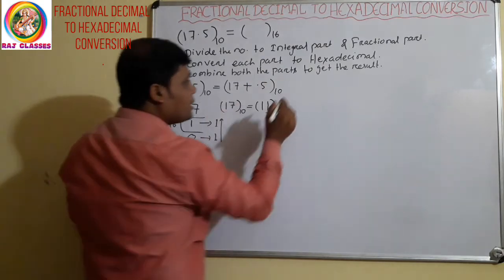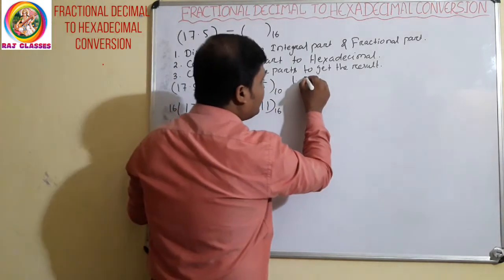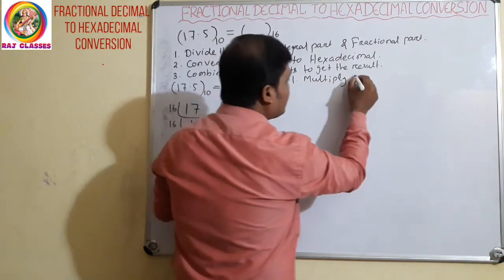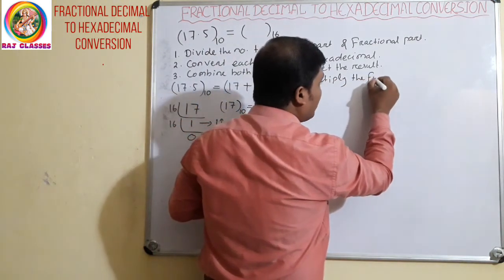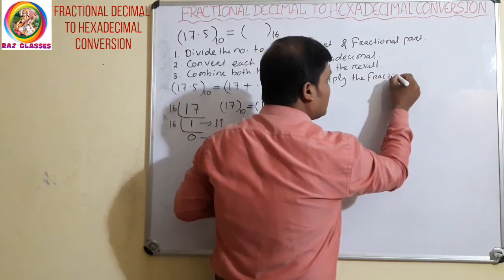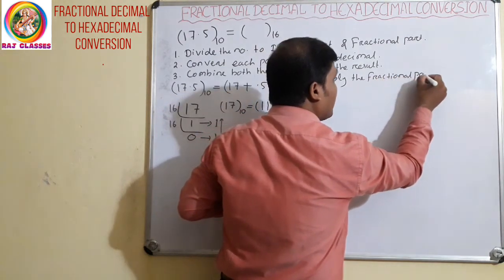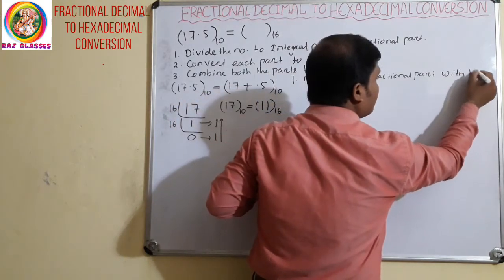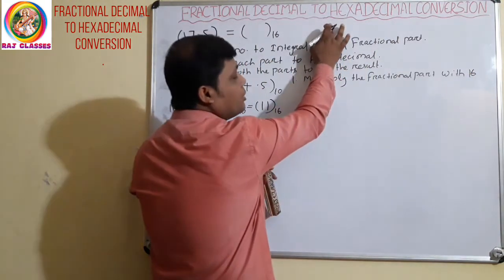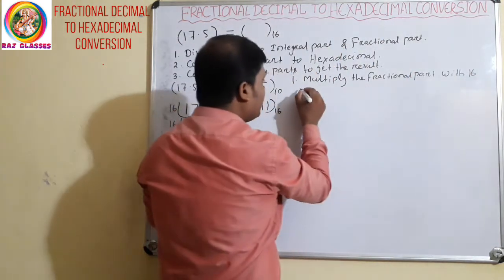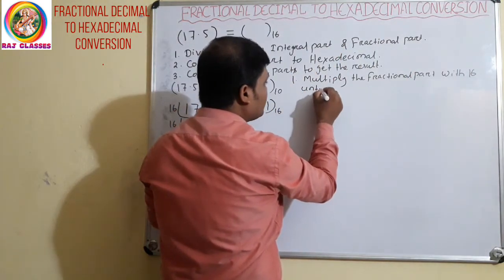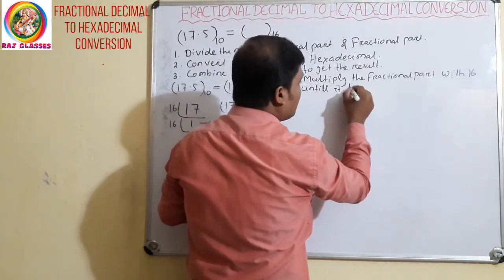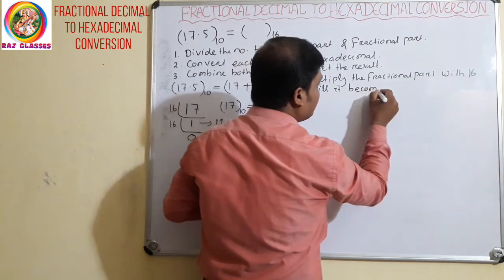For the fractional part, you remember, multiply the fractional part with 16. Why 16? Because we are converting to hexadecimal. Continue until it becomes 0.